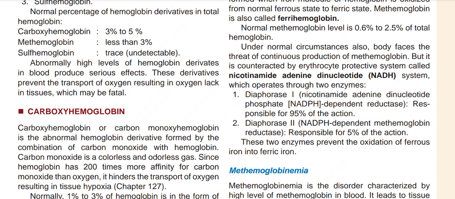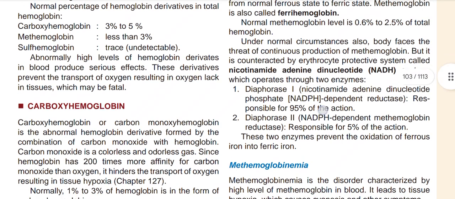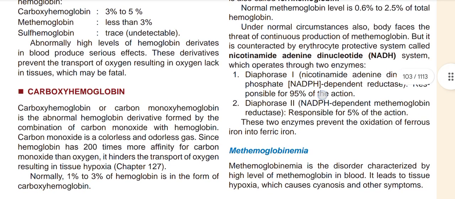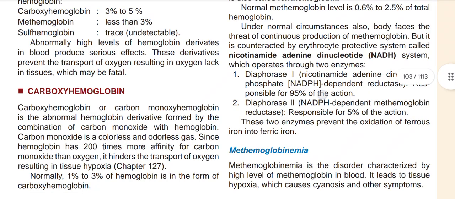Under normal circumstances, the body also faces the threat of continuous production of methemoglobin, but it is counteracted by the erythrocyte protective system called the nicotinamide adenine dinucleotide or NADH system, which operates through two enzymes.